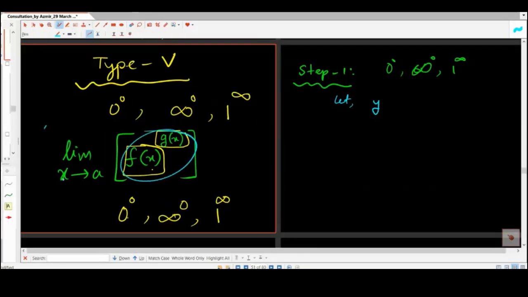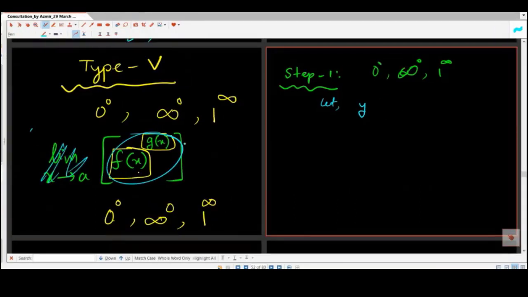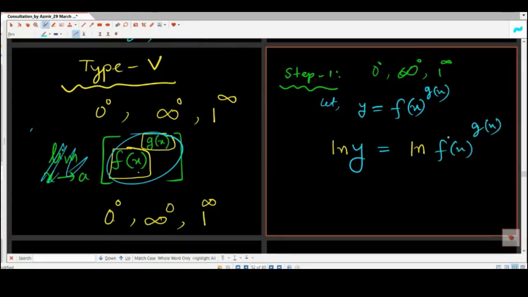Forget about the limit. So we are considering y as f of x power g of x. In the next step, we have to take logarithm of both sides. That is logarithm of y, natural log of f of x power g of x.